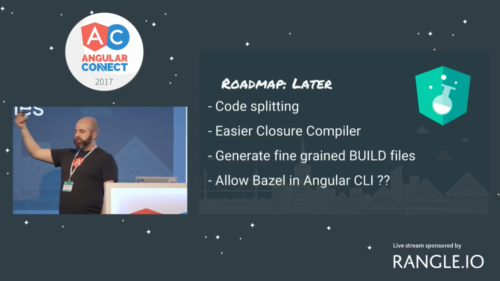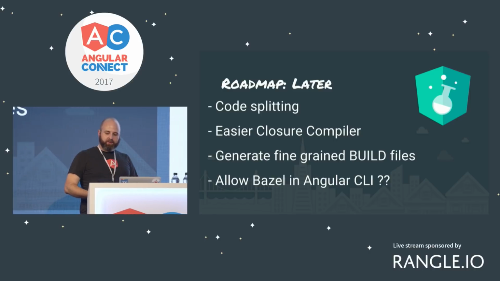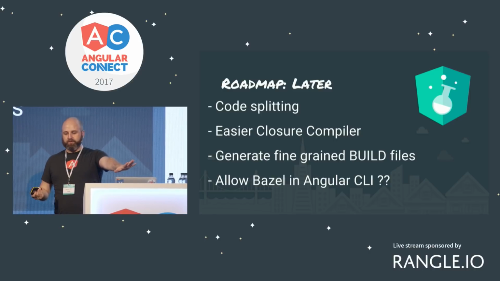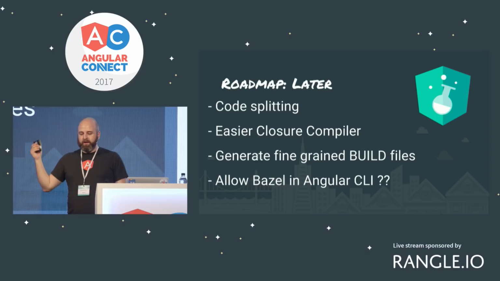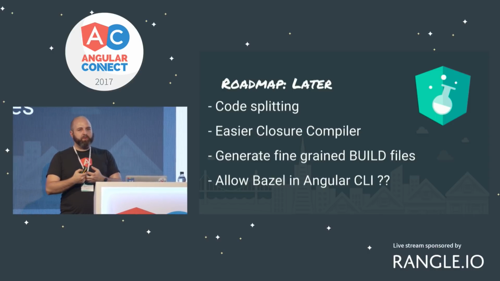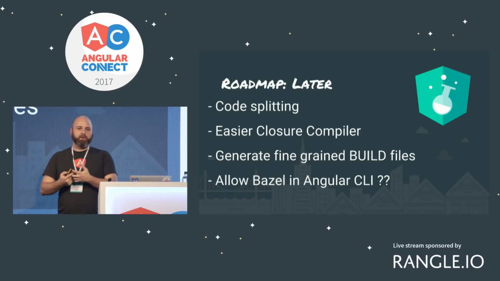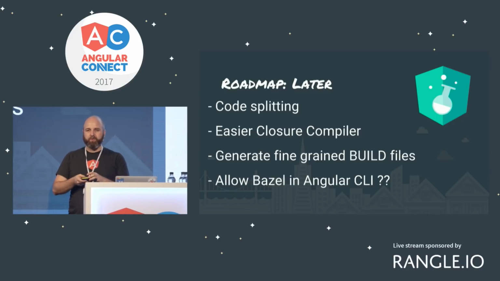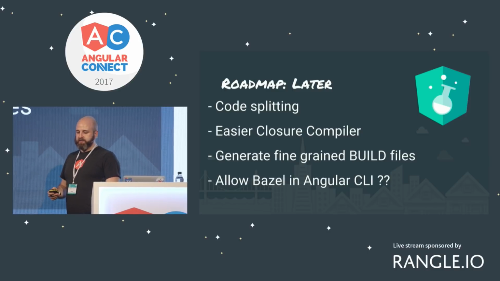What we're working on maybe next year, basically down the road: code splitting is something that we didn't use in this demo at all. Closure compiler is the optimization, the JavaScript minification tool we use in Google. It already works with Angular. It has a few rough edges that we want to improve on, and that's on our roadmap.